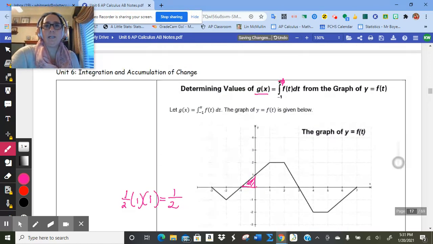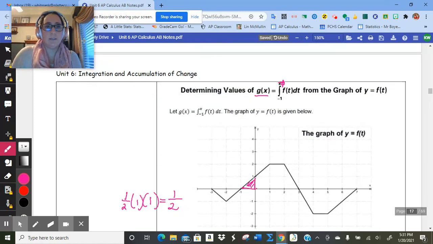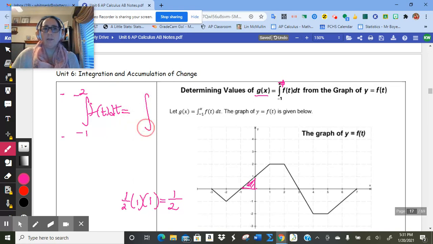Let's do one where it is flipped. So -2. Now this is in reverse order. This is where I start and this is where I end. We need to flip it because -2 is smaller. So when I flip, remember that we have to negate our answer.